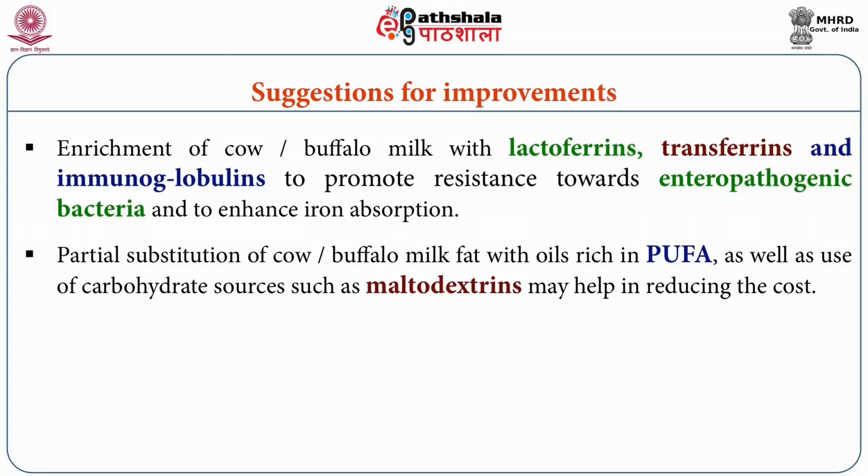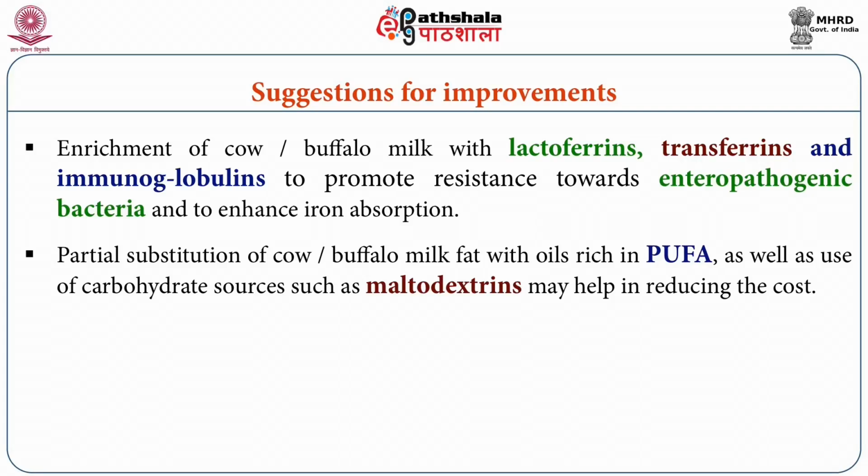The last suggestion for improvement is partial substitution of cow or buffalo milk fat with oils rich in polyunsaturated fatty acids as well as use of carbohydrate sources such as maltodextrins, which may also help in reducing the cost.